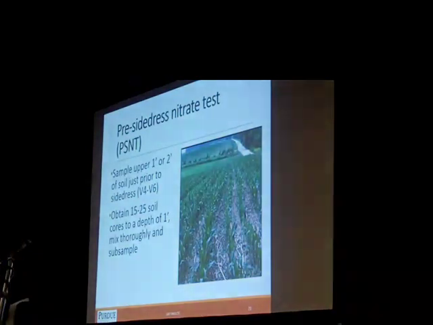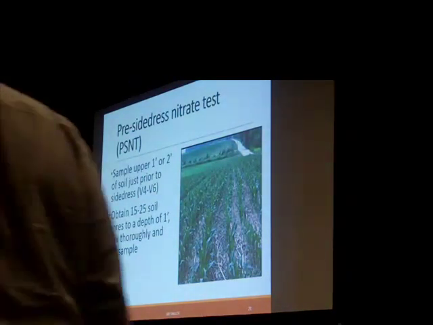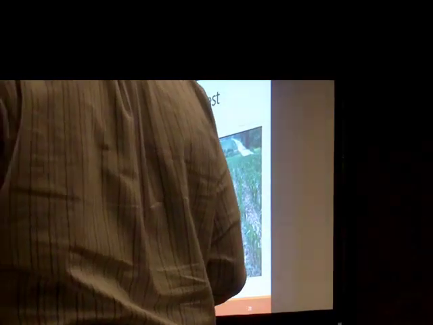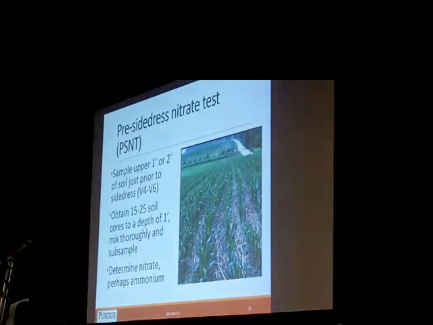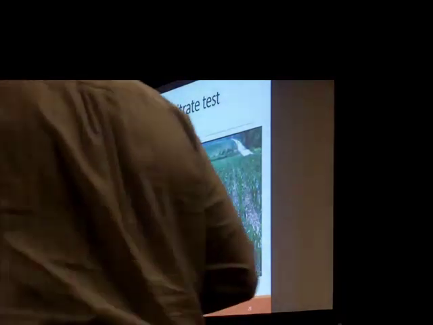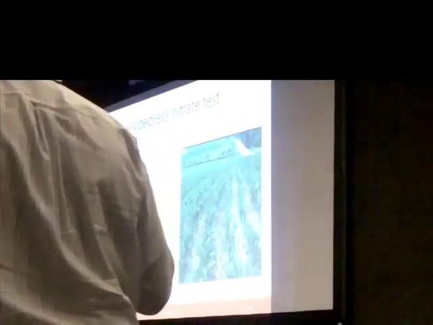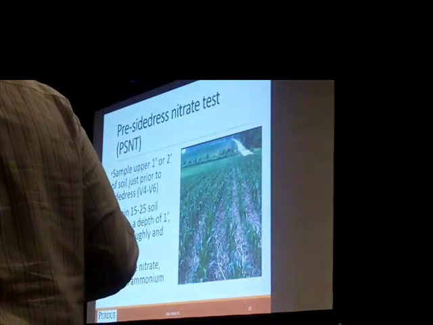Samples for nitrate and ammonium ought to be sent to the laboratory immediately or kept cold, because the nitrogen will increase dramatically as the soil sits in a warm, moist soil bag. So you want to handle those samples appropriately and get them to the lab right away and keep them cold, as cold as possible.